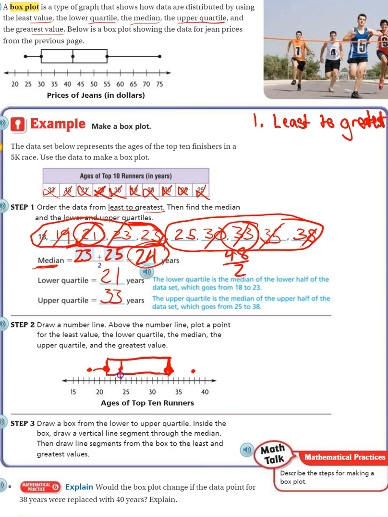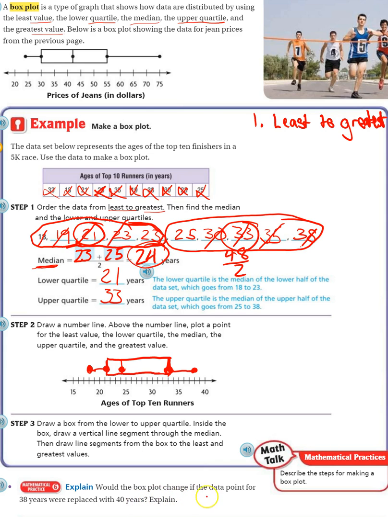We can draw a little line here, and then our little whisker going out to this point. So that's kind of how it looks, and that's how we draw our lines, okay?